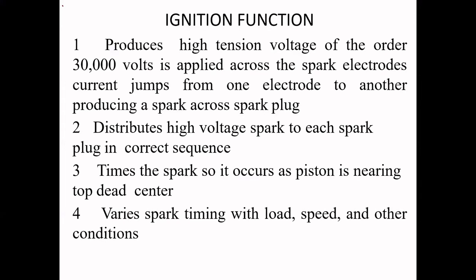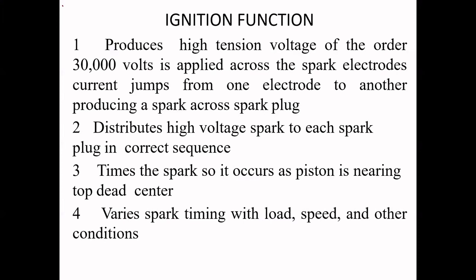The ignition system produces a high tension voltage of the order of 30,000 volts applied across the spark electrodes, and thereby the current jumps from one electrode to another, producing a spark across the spark plug.